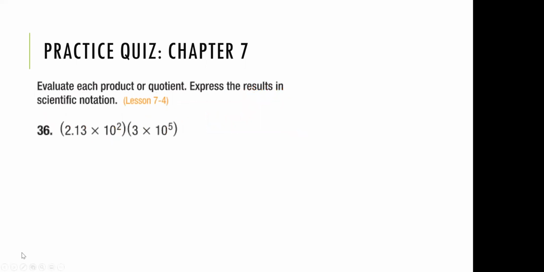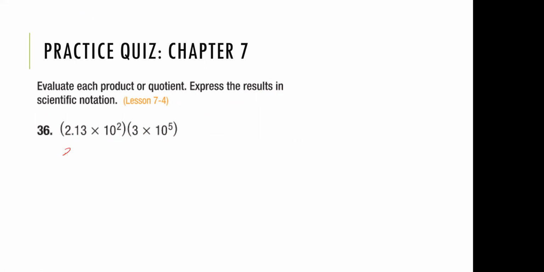All right. And then this one says, evaluate each product or quotient, express the results in scientific notation. Okay, so what you should have read in the textbook is that you can apply the commutative property of multiplication here. We can rearrange this because you're multiplying everything out.